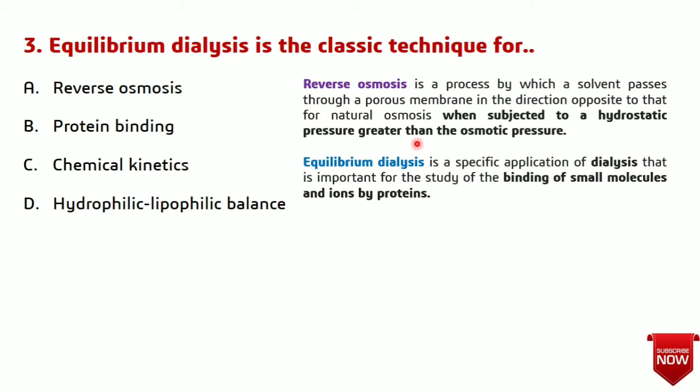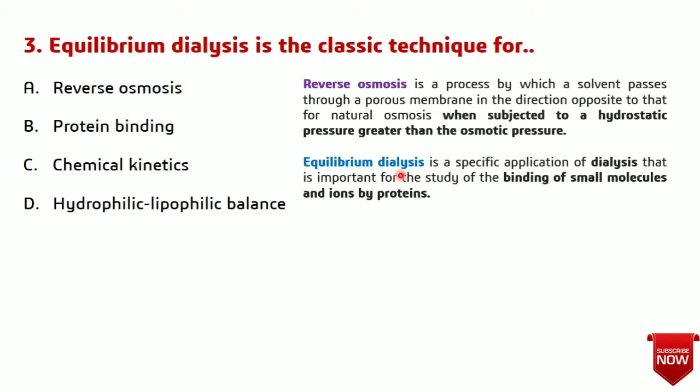Coming to protein binding, equilibrium dialysis is a specific application of dialysis that is important for the study of the binding of small molecules and ions by proteins. So protein binding is what we study using equilibrium dialysis.